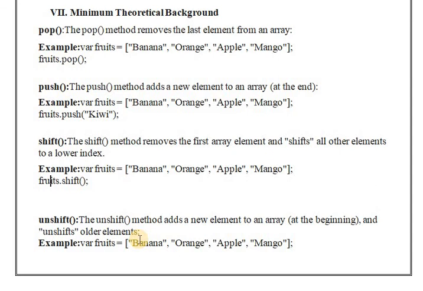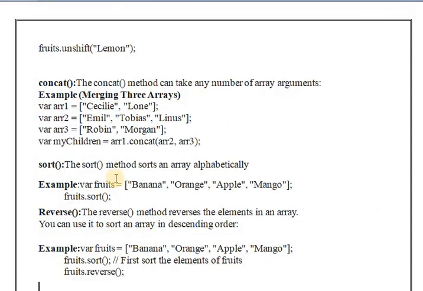This theory we discussed in our theory session video lectures. Next point is the concat method which can take any number of array arguments. Next is the sort method which sorts an array alphabetically. Reverse method reverses the elements in an array, meaning you can use it to sort an array in descending order by using the reverse method.